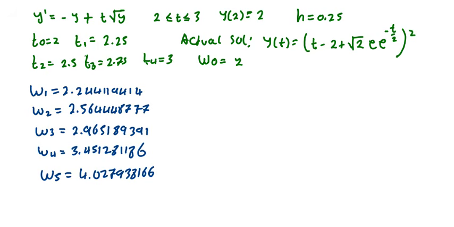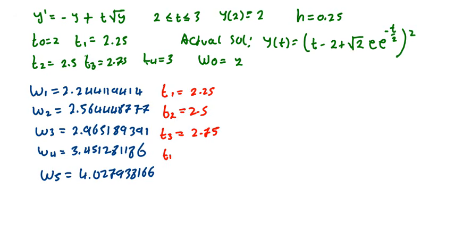By the way, the reason why it's necessary for you to end on this one is because even as you are doing the comparison with the actual solution, remember this one right here, this is when t1 is equal to 2.25. This is when you have t2, which is equal to 2.5. This one is when you have t3, which is equal to 2.75.